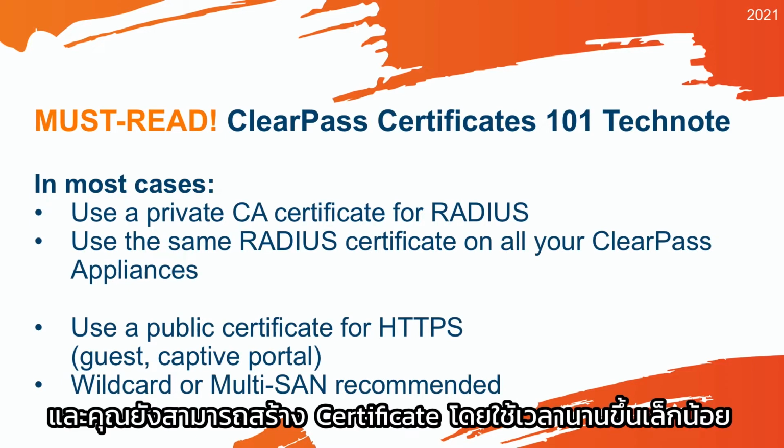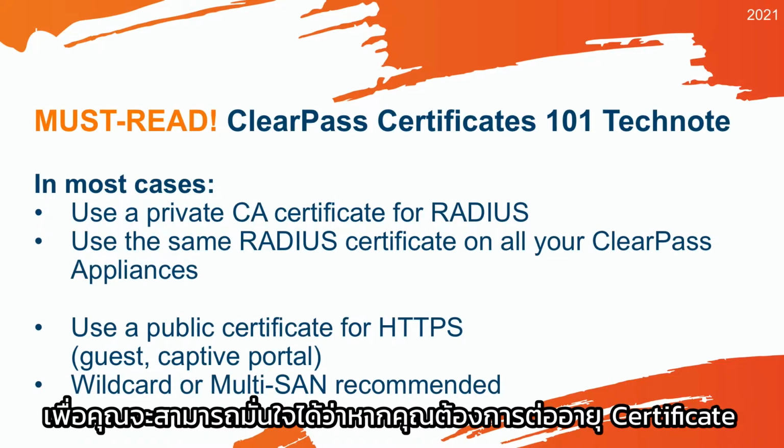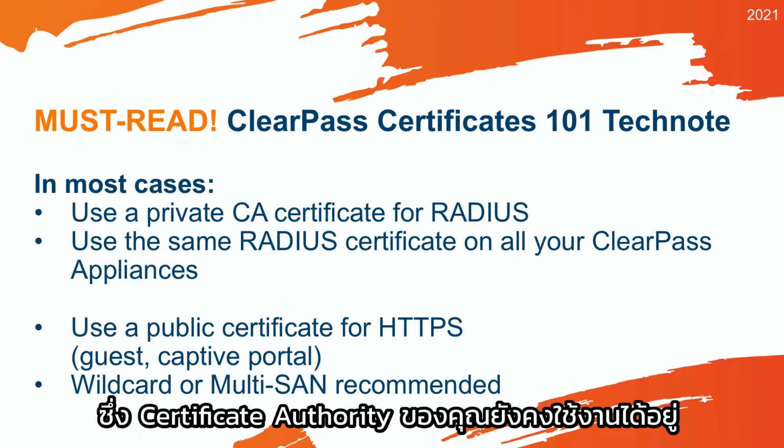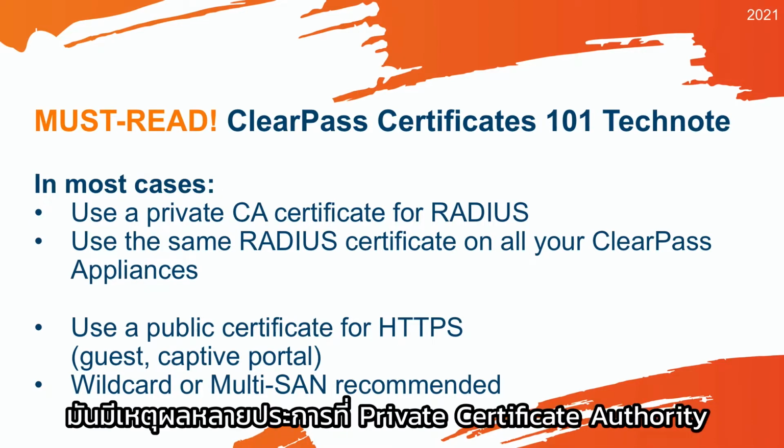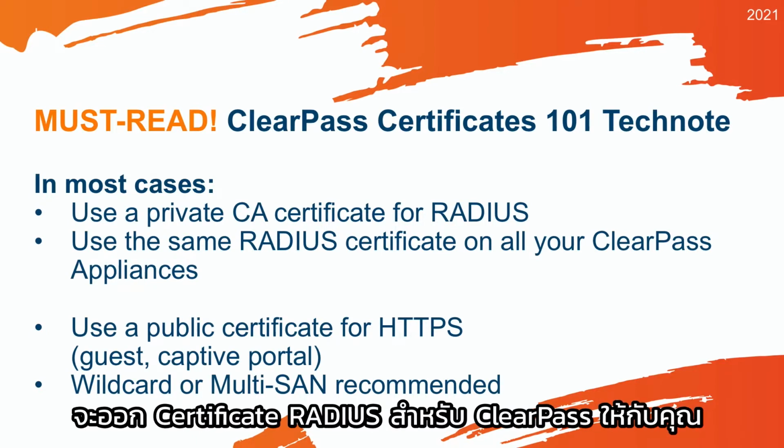As well, you can make certificates with slightly longer running times. You can make sure that if you want to renew your certificate, your certificate authority is still available. There are multiple reasons to have the private certificate authority issue your RADIUS certificate for ClearPass.